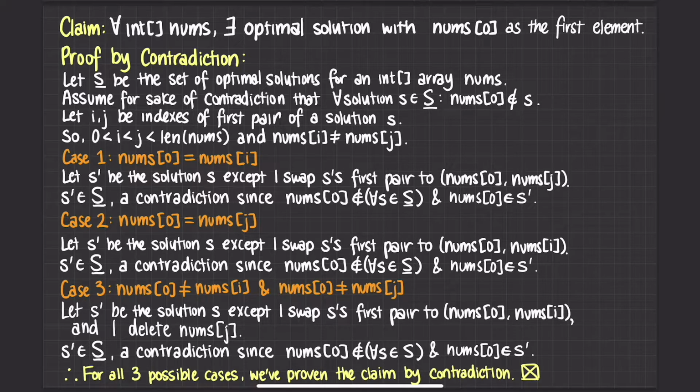So since for all three possible cases, for some generic arbitrary values of nums0, nums I, and nums j, we've proven the claim by contradiction. Therefore, we know for sure that our claim is true, that there does indeed exist an optimal solution with nums0 as the first element for any nums array we're given.